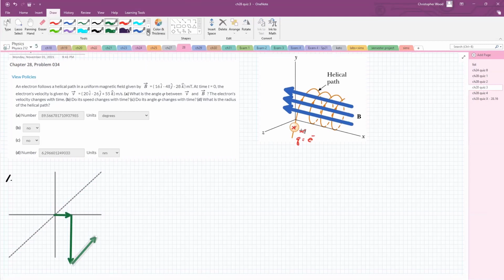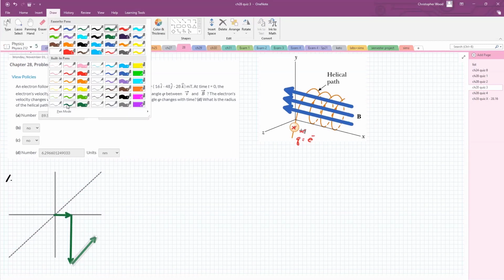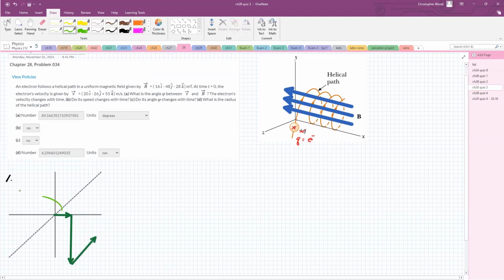Okay, so this is my magnetic field. This is B sub X equals 16 I hat millitesla. This is B sub Y equals negative 48 J hat millitesla. And last but not least, this is B subscript Z equals negative 28 K hat millitesla.